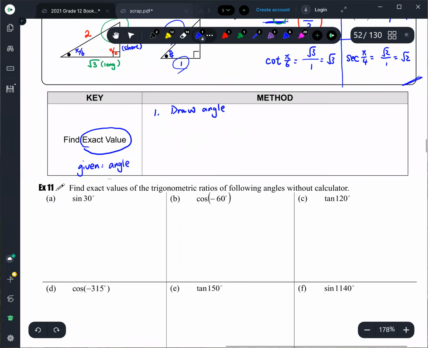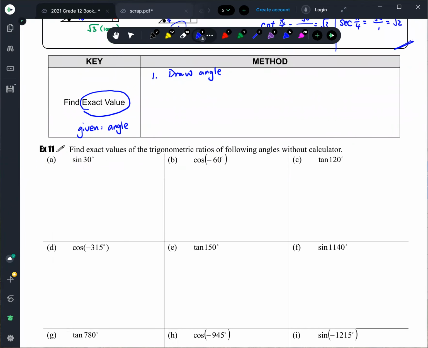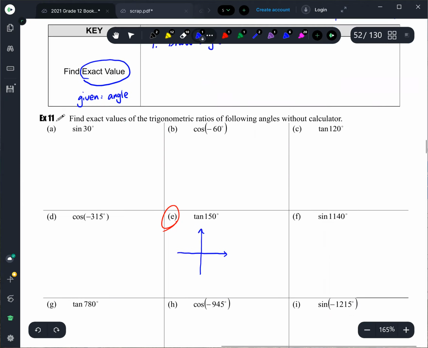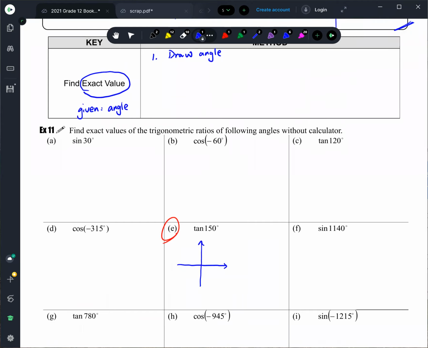So step 1, draw angle. Let's pick one question to do it together. We'll do question E. So everyone, please draw the angle out, 150 degrees. Once you've got the picture, please raise your hand. 150 degrees.